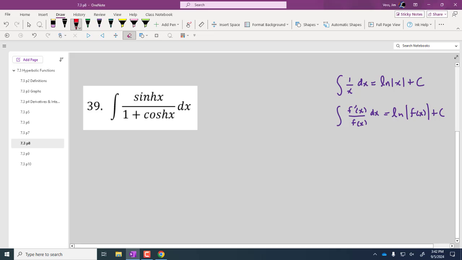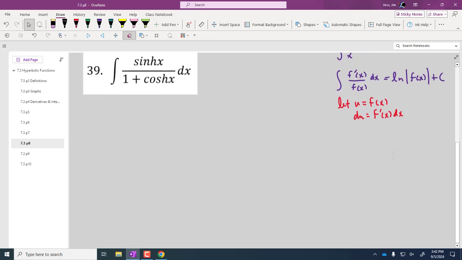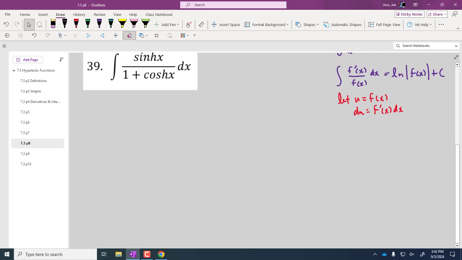All right, why? Well, let's do it. So if we let u equal f of x, doesn't that mean that du is f prime of x dx? du is the derivative of f, which is f prime of x. Well, then this integral, if we do that substitution, we end up with du over u.